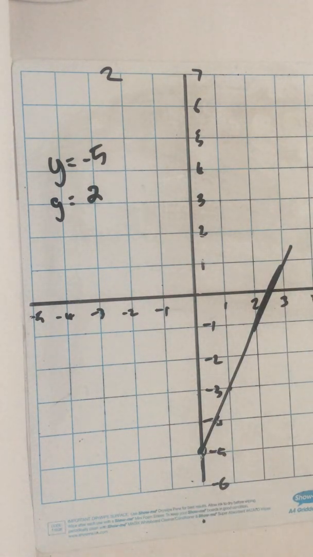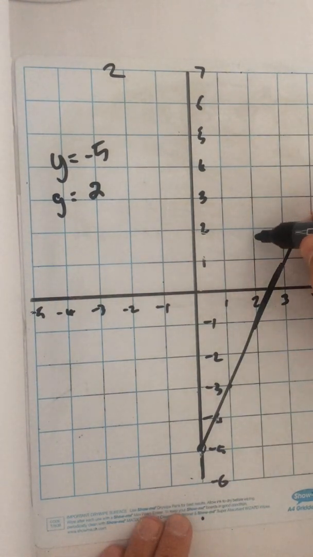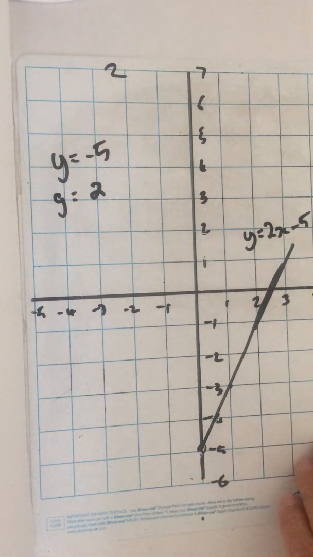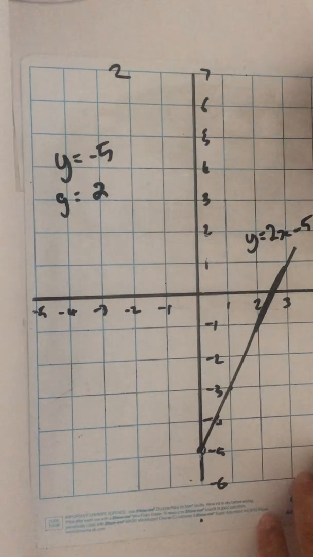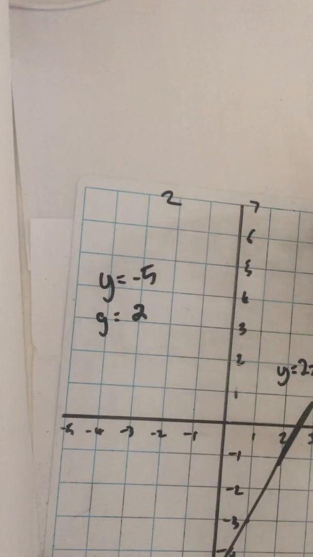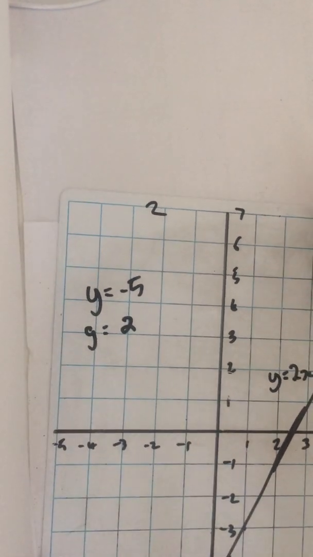And remember, we'd have to label that as well, wouldn't we? So y is equal to 2x minus 5. It just makes it so much easier than working it out the other way. I know those of you who've been struggling a little bit with these, hopefully it'll start to make a little bit more sense now.